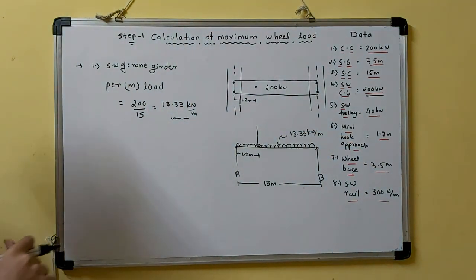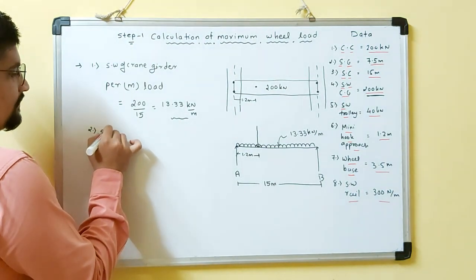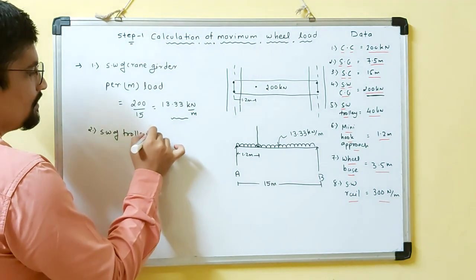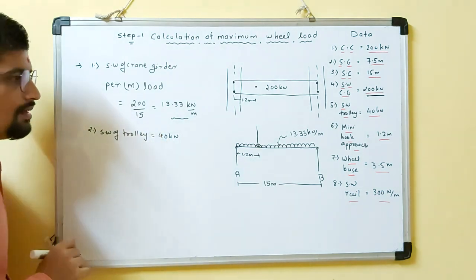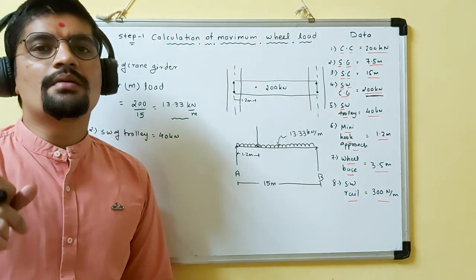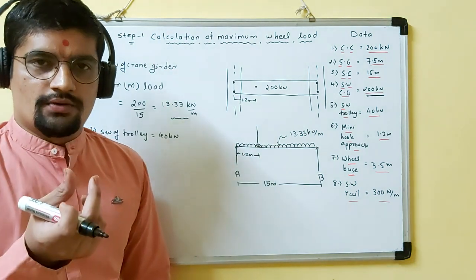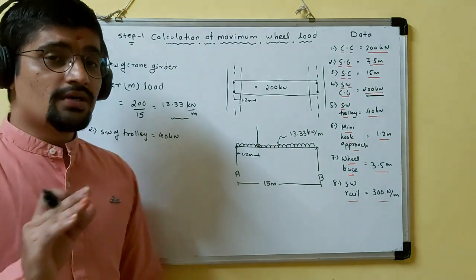Now another load is the self weight of the trolley, which is 40 kilonewton. But we will not divide it per meter, because the trolley itself is a point load and we already know where it is placed.